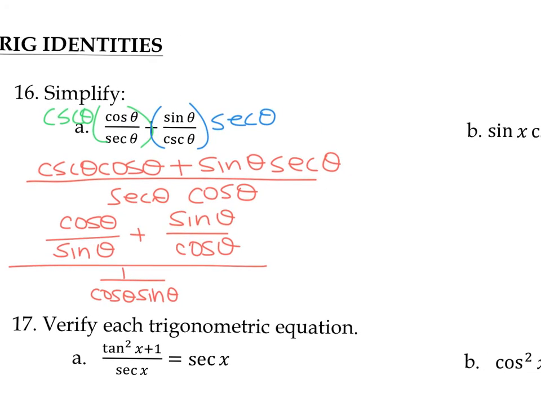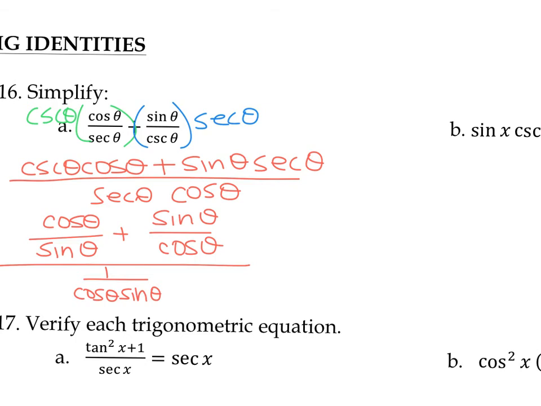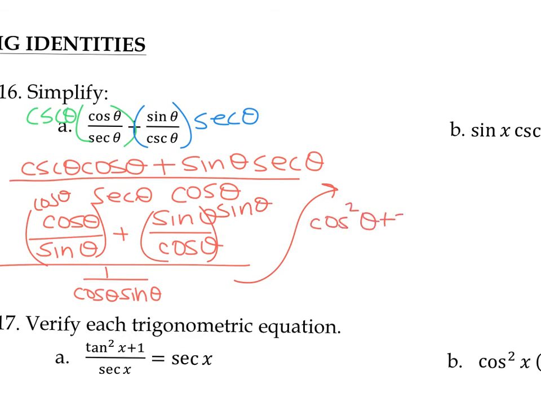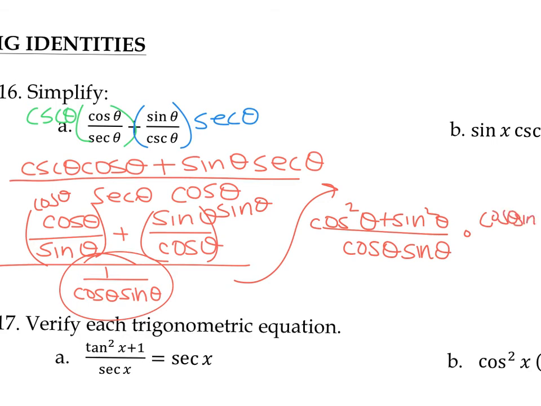So now if I come over here and I find a common denominator between these two, I'm going to multiply cosine over here, and over here I'm going to multiply sine. I'm going to have cosine squared theta plus sine squared theta, all over cosine theta sine theta, times the reciprocal of that, cosine theta sine theta all over 1. So those cancel out. Cosine squared plus sine squared is 1, so simplified to 1.